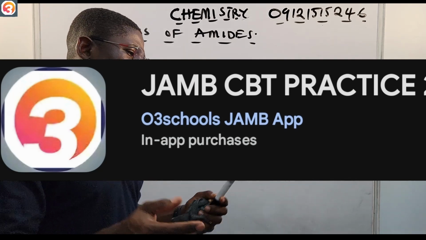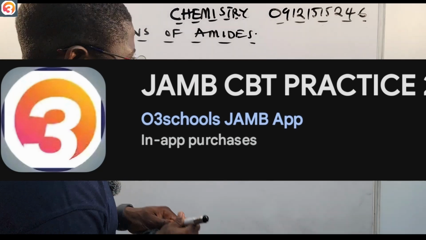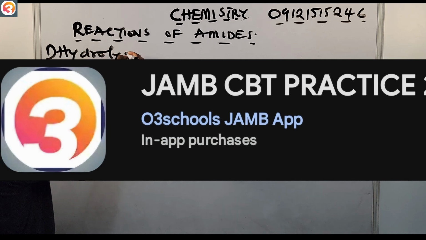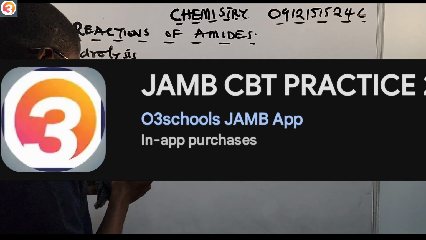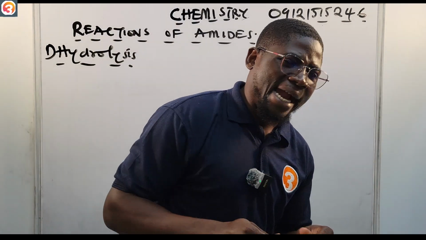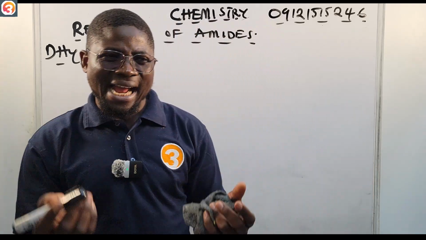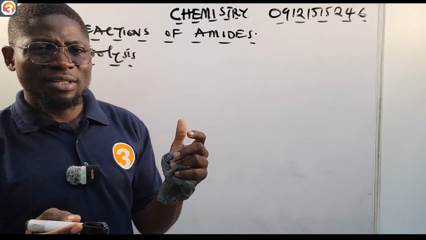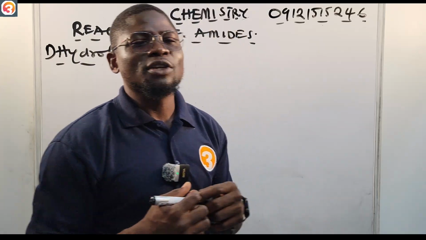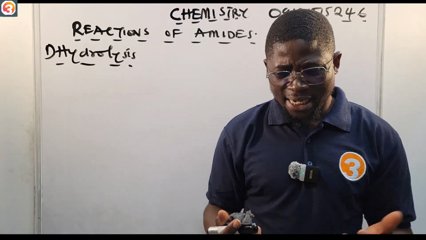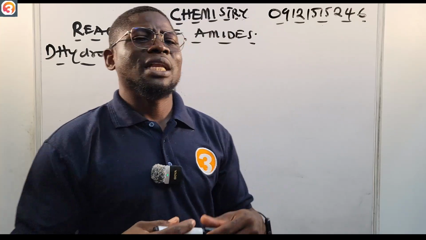So one of the first reactions we'll consider for amides is hydrolysis. Number one, hydrolysis. We want to see what will happen to an amide when we put it in a condition where it can hydrolyze. You know what hydrolysis means? Hydrolysis means splitting by means of water. So if we put an amide in a condition where it can be split by means of water, what will happen to it?